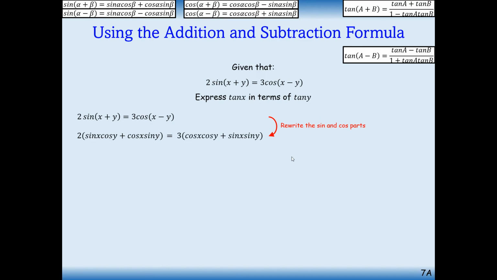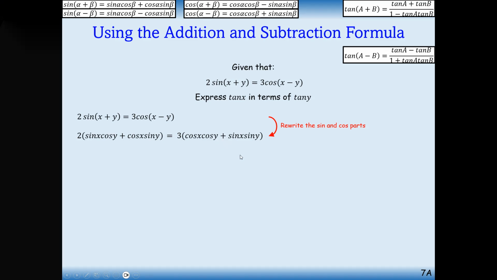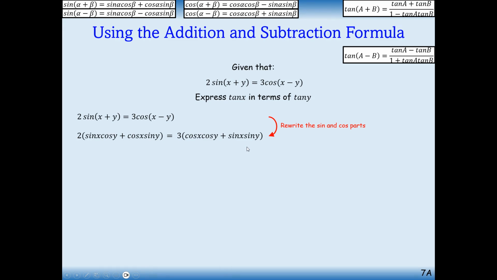We use the subtraction of the angles, and cos turns into a plus there. We're leaving the coefficients of 2 and 3 at the front of each bracket here, and what we can see is that we turned one complicated equation into another complicated equation. So what do we do? Where do we go from here?